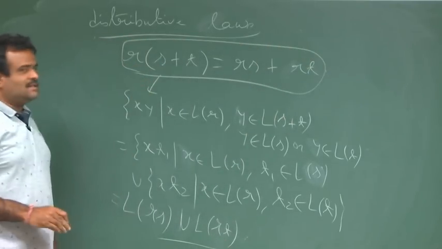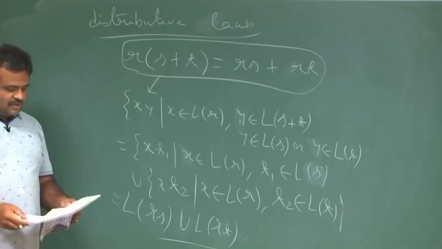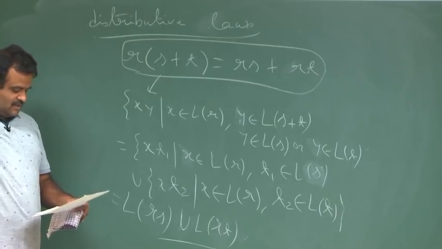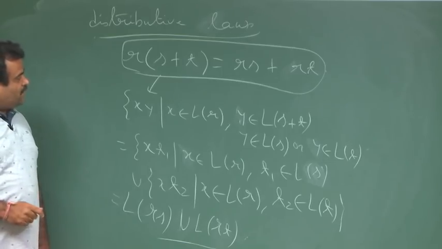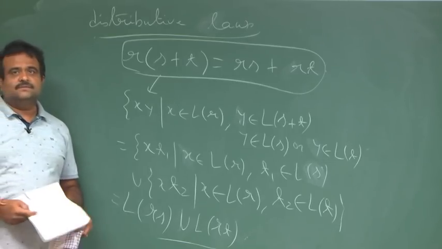Okay. These are the properties we require for simplification purposes. Then we have more properties which we will discuss in the next class. Thank you.